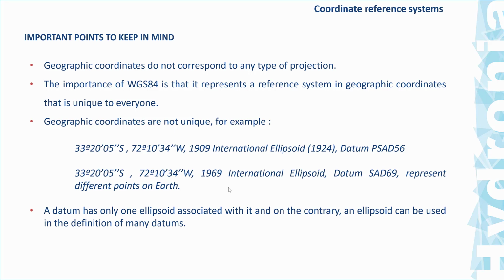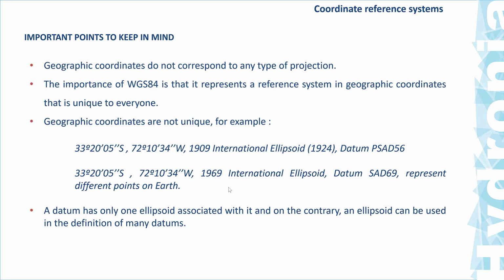The last thing is that a datum has only one ellipsoid associated with it, and you need to be aware that the datum is in a particular set of units and is associated with the ellipsoid that you will be using.